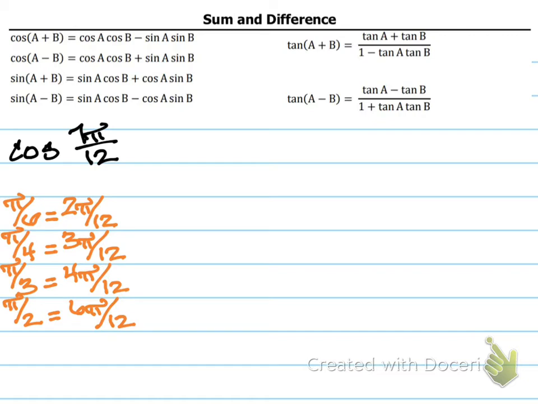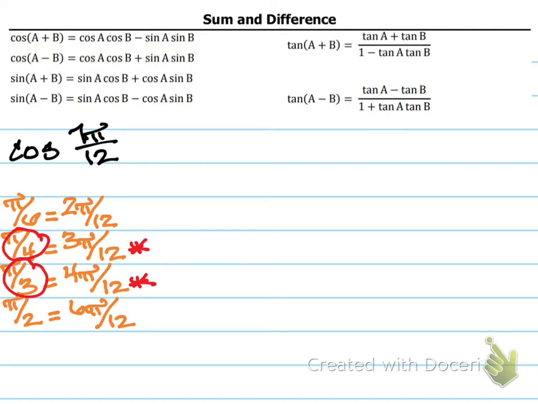Then looking for which of those two will either add or subtract to give us 7 pi over 12, we can pretty clearly see the two it is. In our formula, we won't use the 3 pi over 12 and 4 pi over 12. Instead, we'll use the pi over 4 and pi over 3.